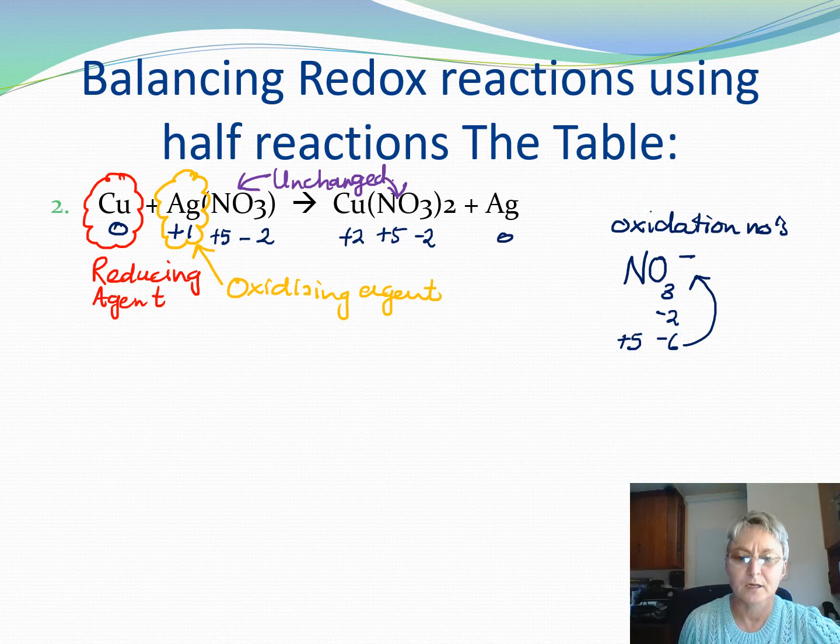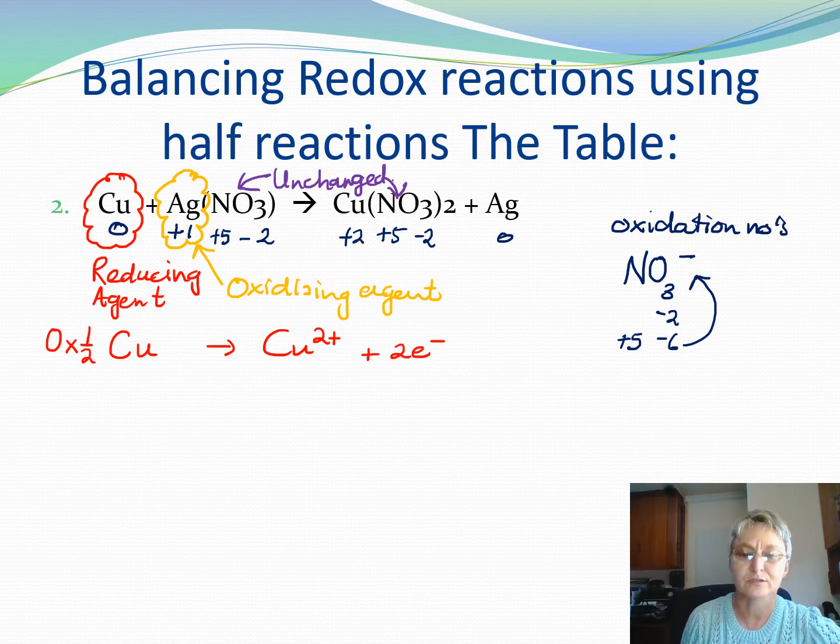So, our reducing agent is the one that is oxidized. So if you find the reaction on the table, you have to write down the reverse reaction, starting from the left-hand side. So copper is oxidized to copper 2+, and it gives 2 electrons.